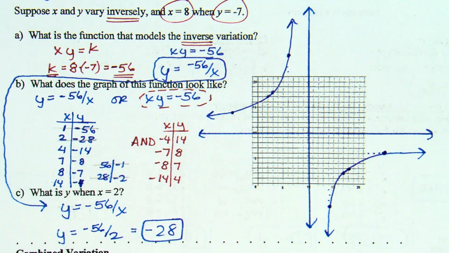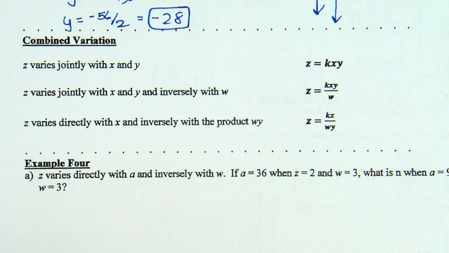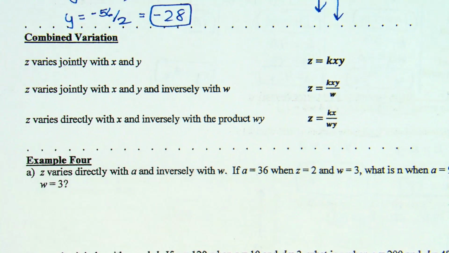Okay, let's take a little bit of time to look at combined variation here. In other words, I'm still talking about direct variation, I'm still talking about inverse variation, but we're also talking about joint variation. Joint variation is really just the idea of putting maybe a direct and an inverse together, or multiple directs together, or something along those lines.